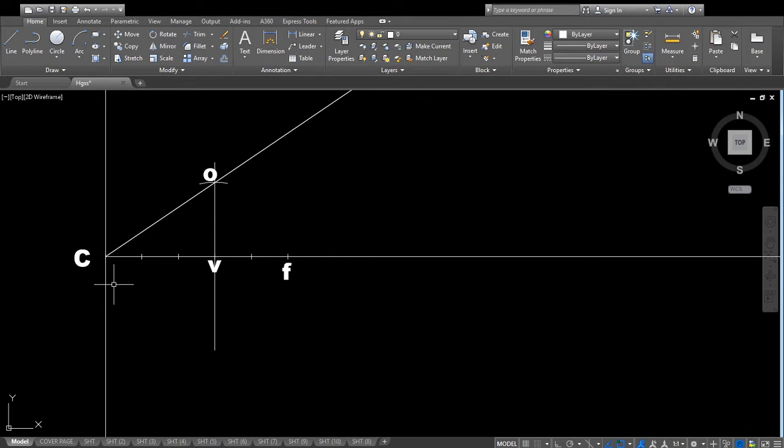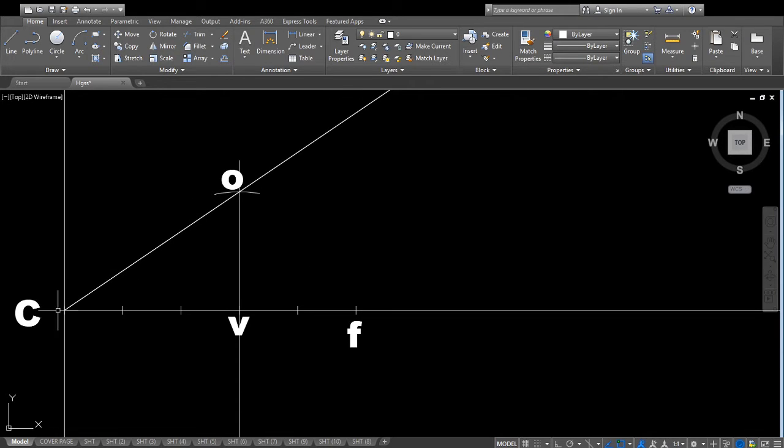Then, having established this line, remember this line is at 45.